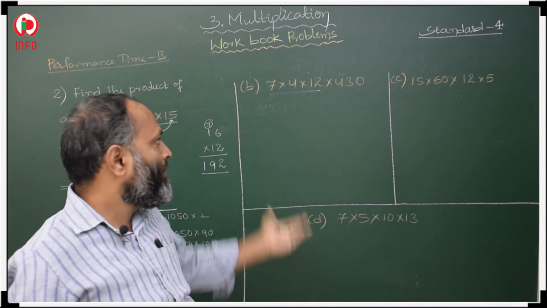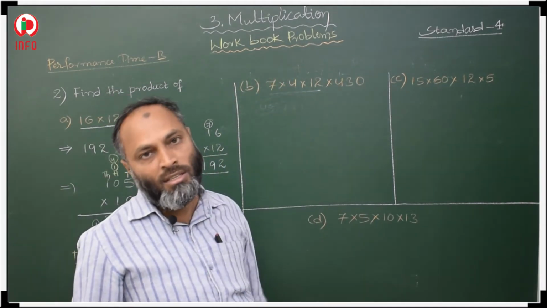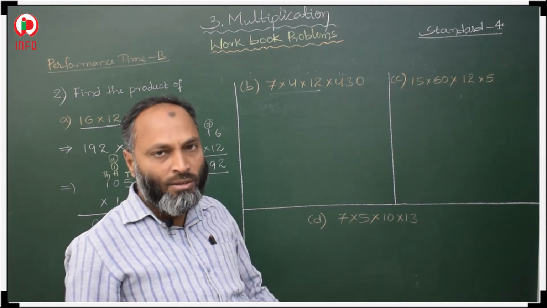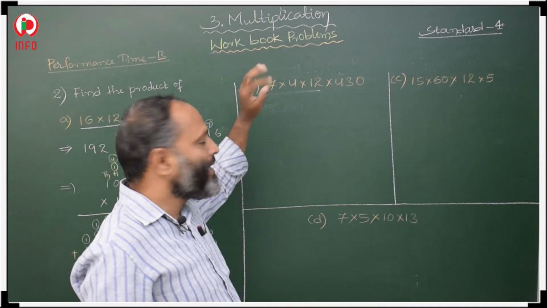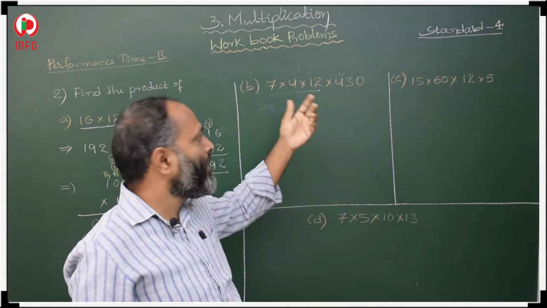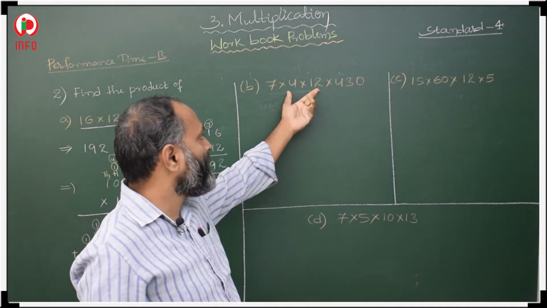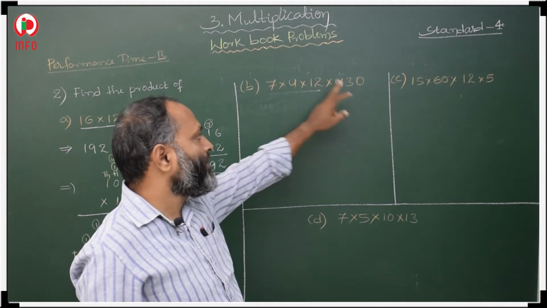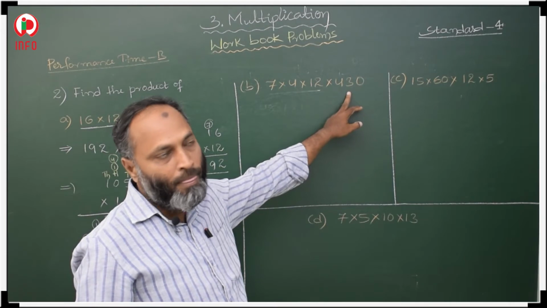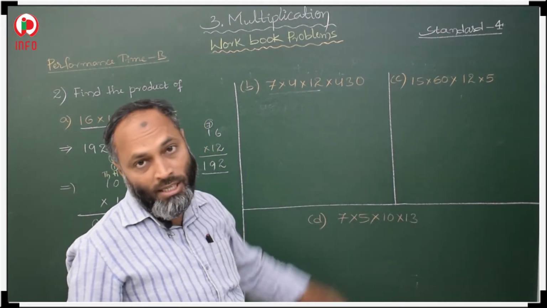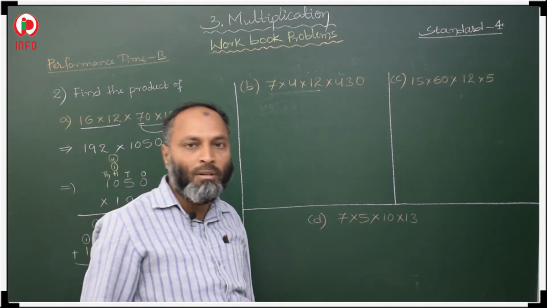If we change the order of the multiplicands also, we will get a big number only. So no need to change the order of the multiplicands. First you think which one is the easiest way. If you take 4 12s are 48 and 7 we have to multiply with 430, again it is a big number, and again 48 with that number we have to multiply. So it is a big number only, no use.